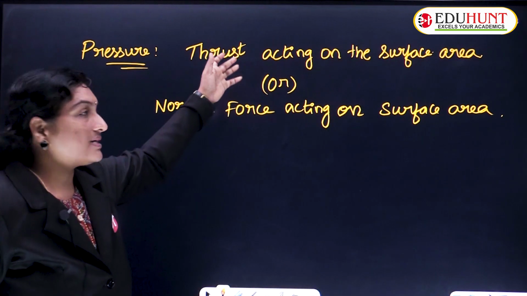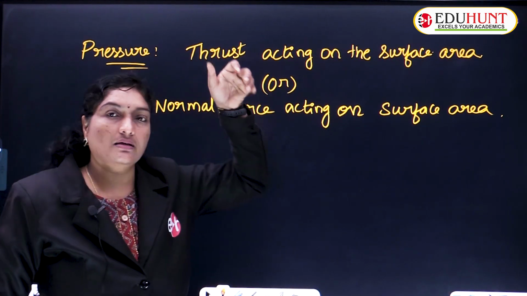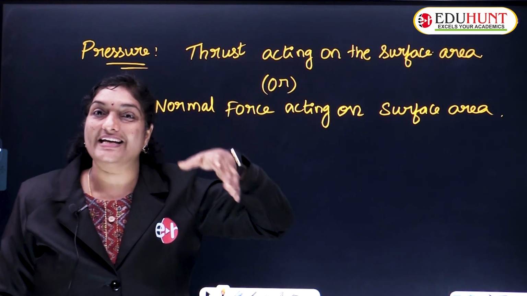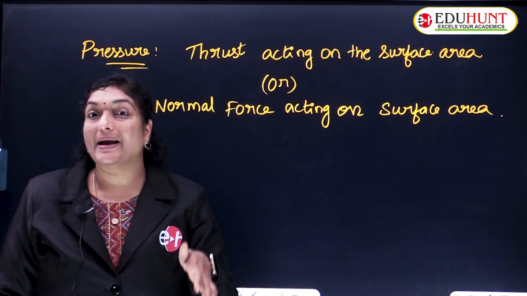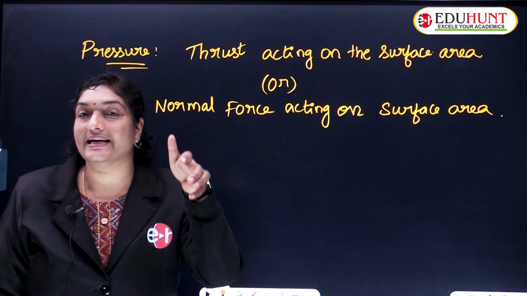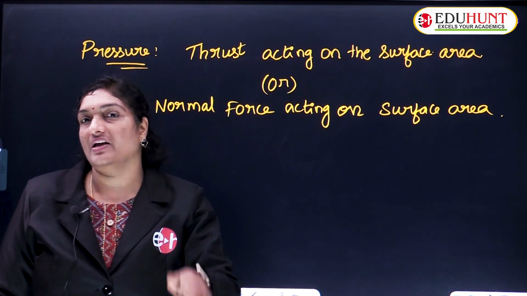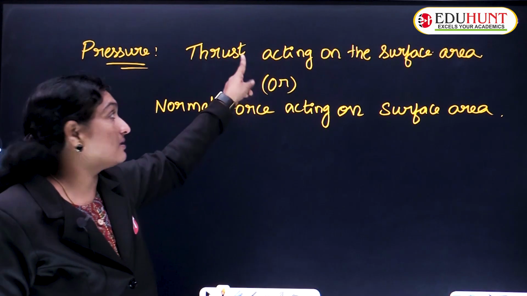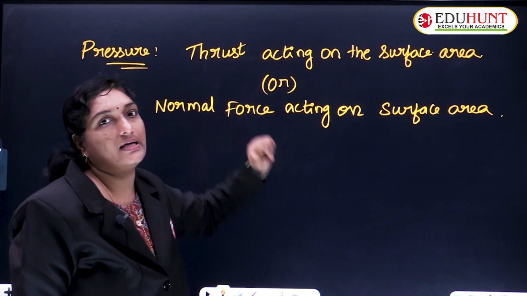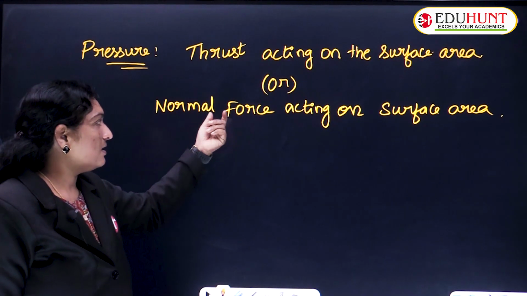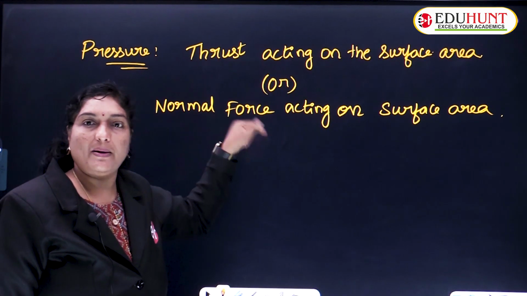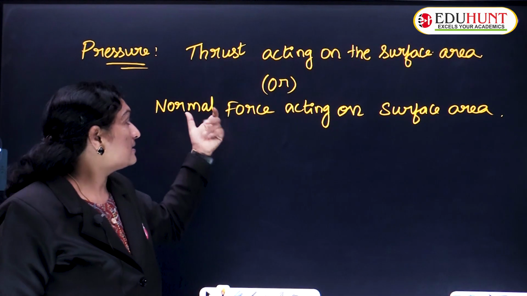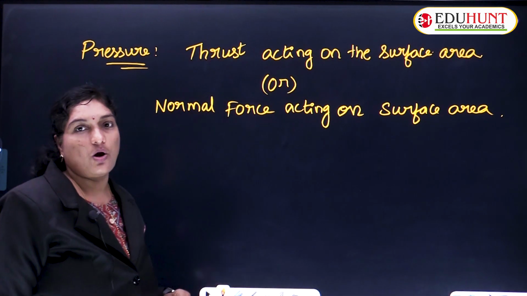Thrust, as I already told you, is nothing but the weight of the body acting perpendicularly. The perpendicular force acting downwards on the surface area is called thrust. Here perpendicular is included in thrust. In other words, the normal force or perpendicular force, both names, this normal force itself is called thrust.